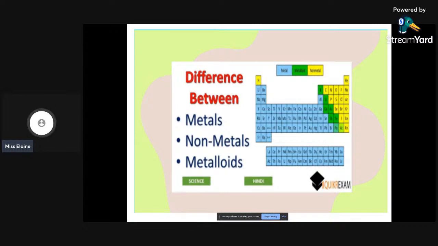It is very important as a student for you to familiarize not only the elements and their names or symbols, but also which elements are metals, which are non-metals, which are metalloids, and where they are located. The blue is metal, the green is metalloid, and the yellow is non-metal. You have to remember that hydrogen is a non-metal.